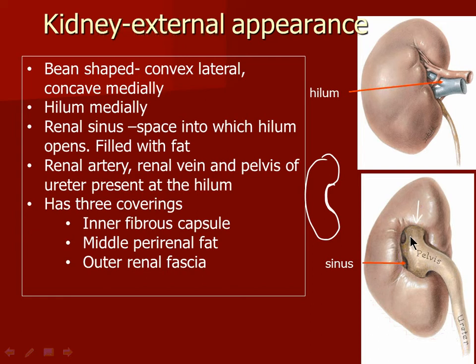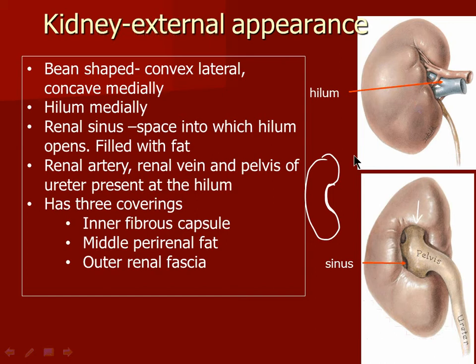It's not solid. It's as if someone scooped it out a little bit. So this space is called the renal sinus, and the hilum opens into this renal sinus. It's usually filled with fat.